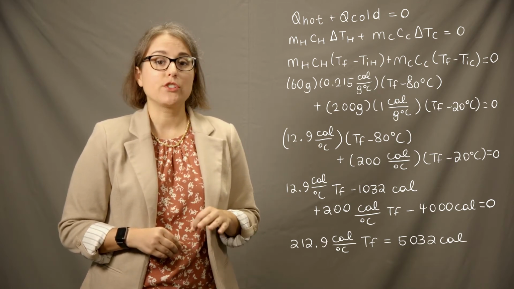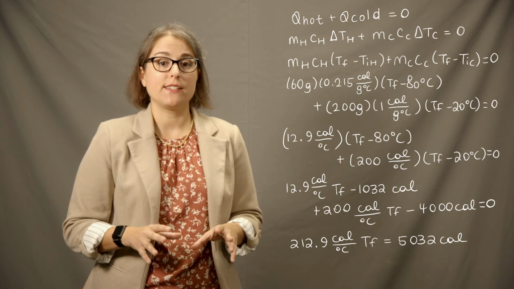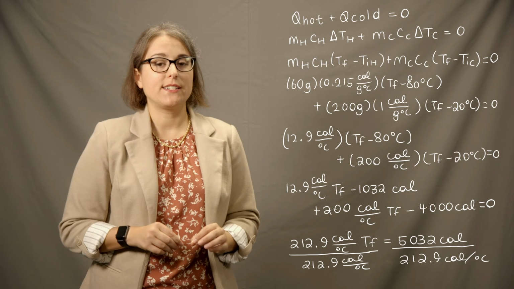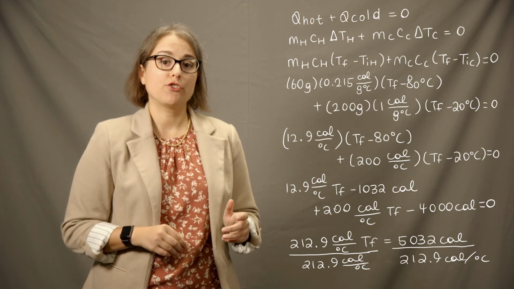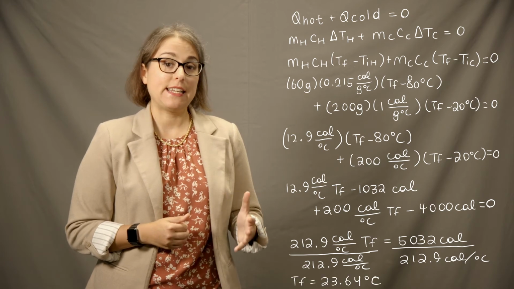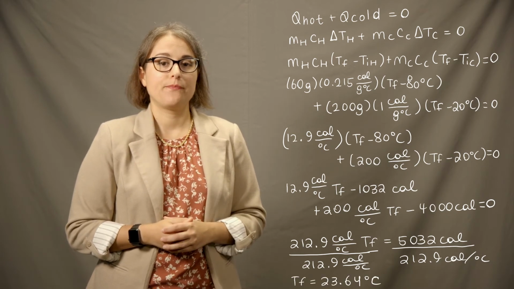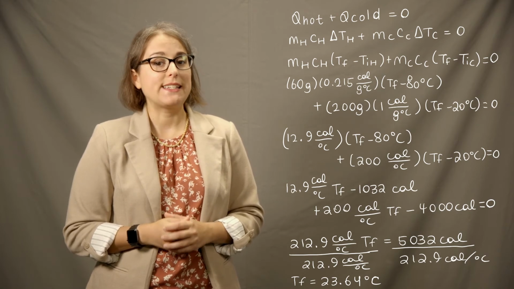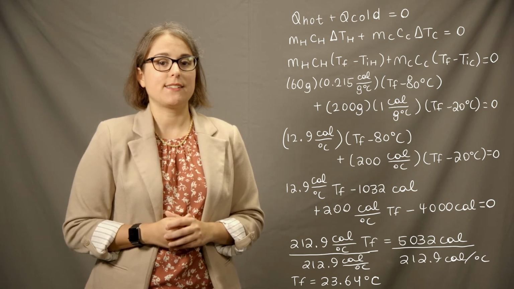Add 5,032 calories to both sides of the equation. Then, divide both sides of the equation by 212.9 calories per degree C to get T final by itself. The final temperature of the mixture is 23.64 degrees Celsius.